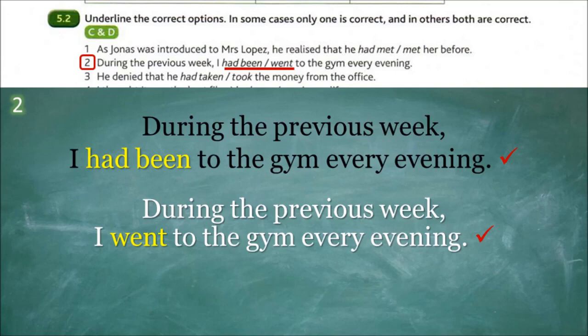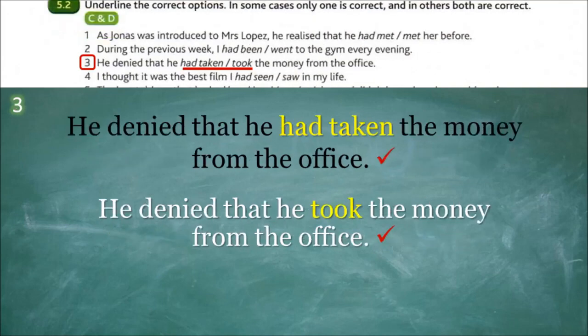During the previous week, I had been to the gym every evening. During the previous week, I went to the gym every evening. He denied that he had taken the money from the office. He denied that he took the money from the office.